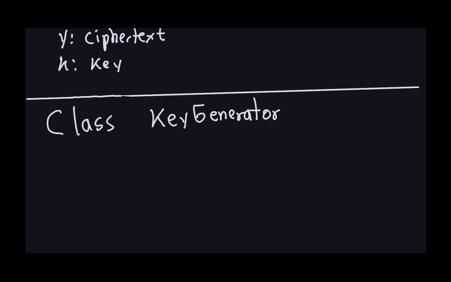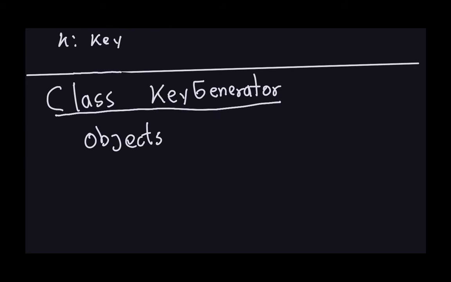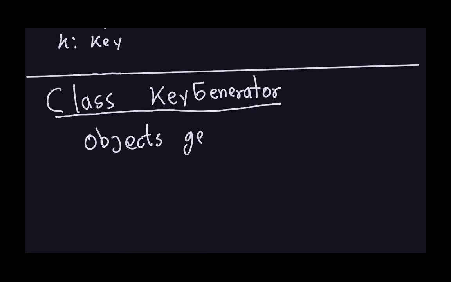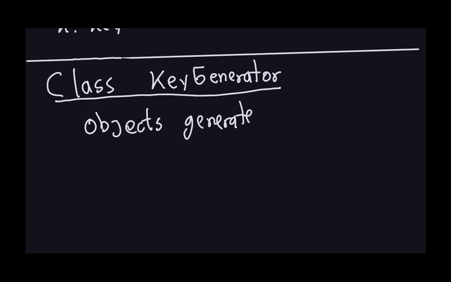Now this class has objects. The objects of this class will generate symmetric keys. Objects generate keys for symmetric ciphers.